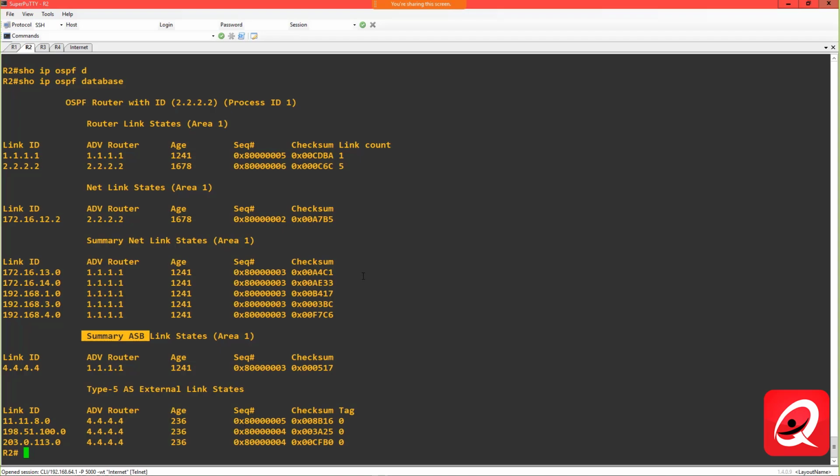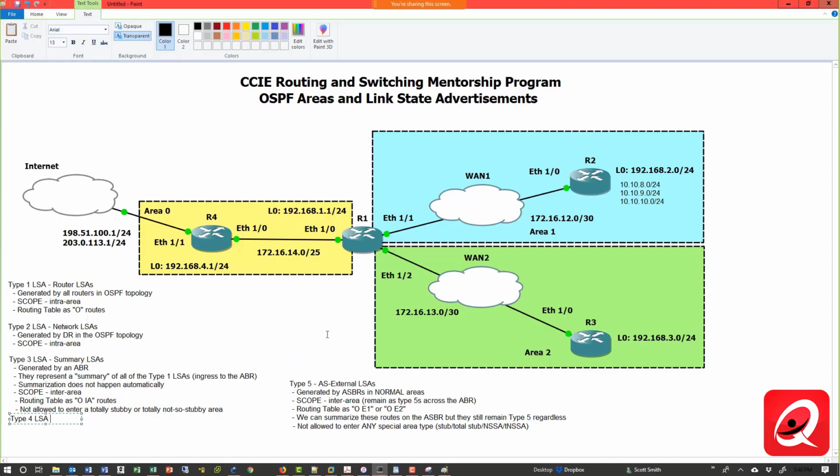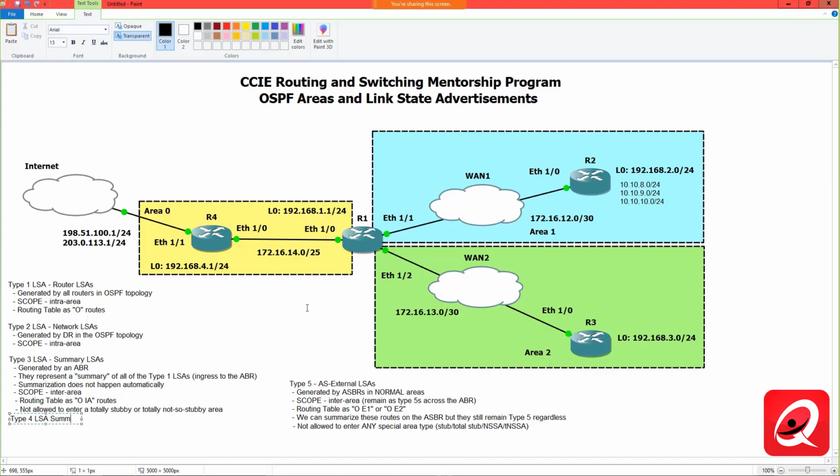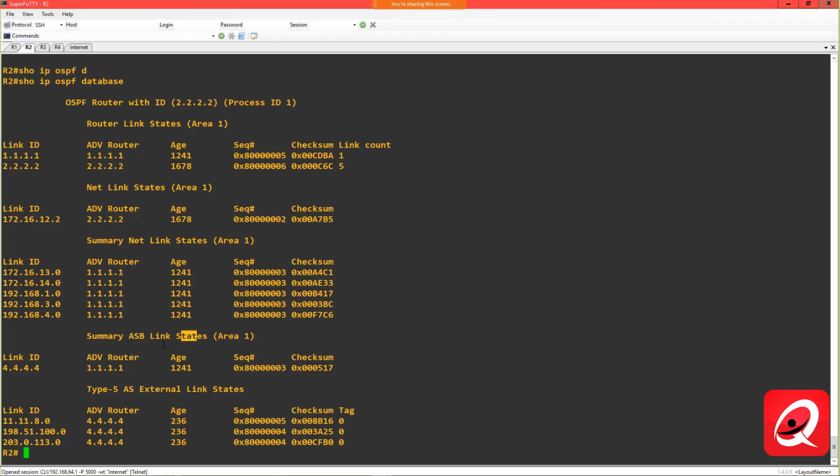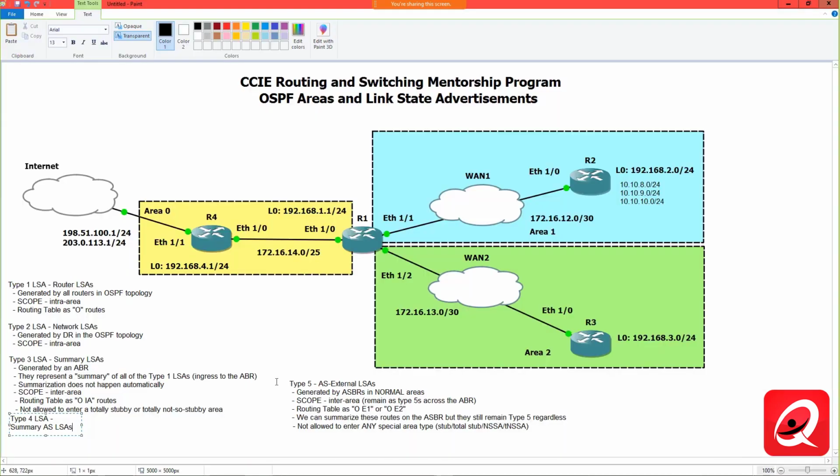So I usually just call them Summary ASB LSAs, or Summary AS LSAs. All right. And before I start making some notes here, let's go ahead and take a look at what these look like.